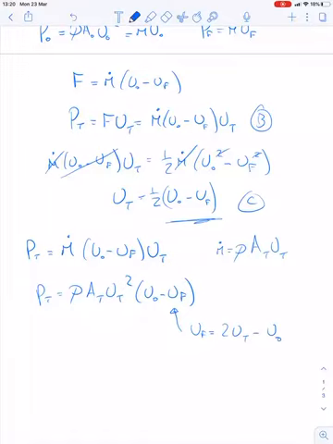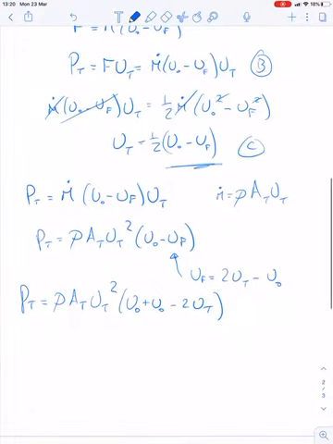So this gives us an equation where we have, let me work this out, Pt equals density At ut squared, and then this becomes u naught, it's minus uf, so it's plus u naught, and then minus 2 ut. Check that's correct, yep.